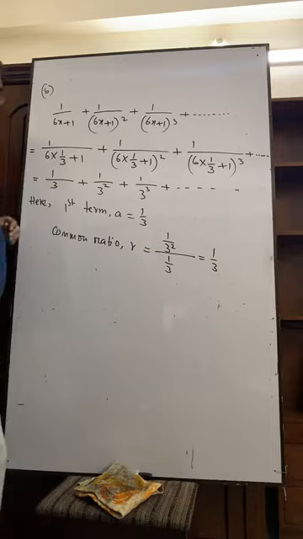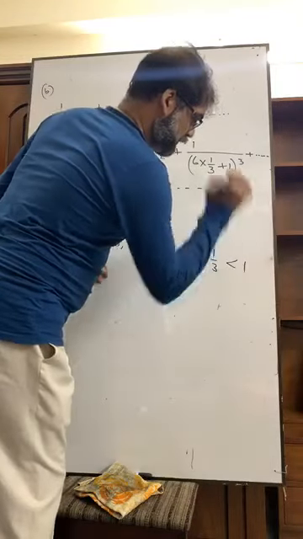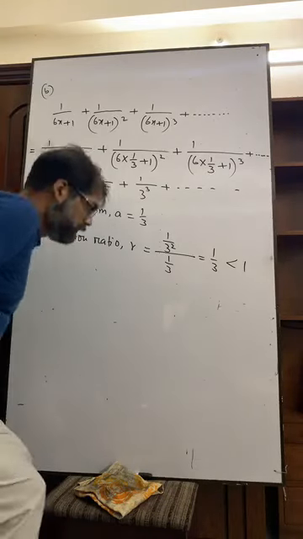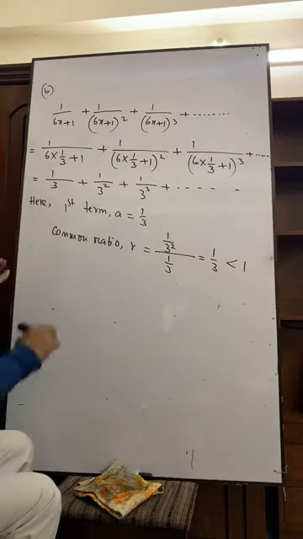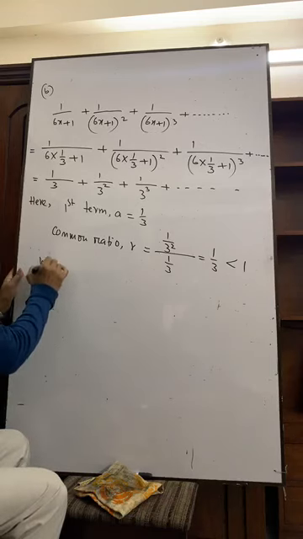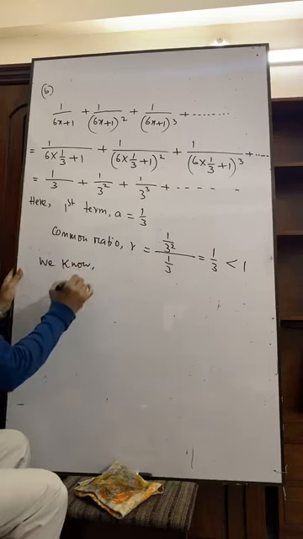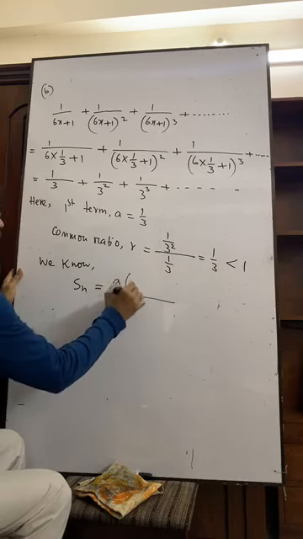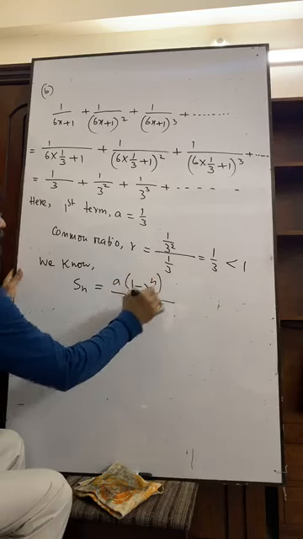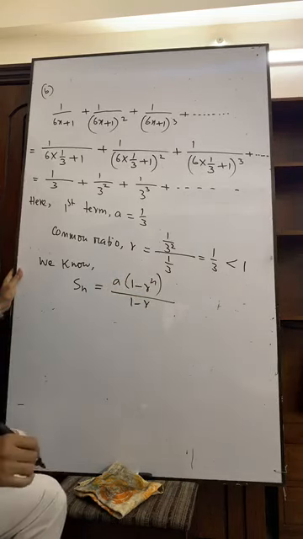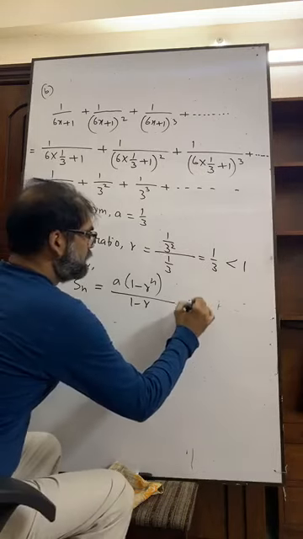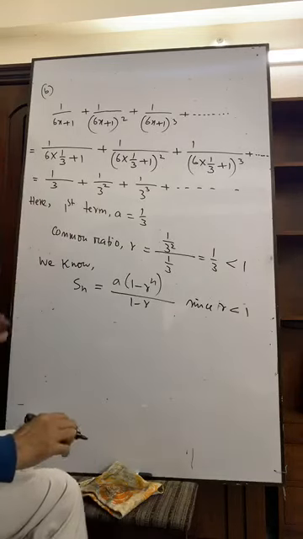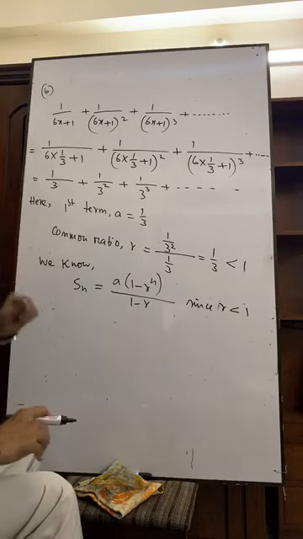And we know that 1 by 3 is less than 1. The formula, we know, Sn equal to A into 1 minus R to the power n by 1 minus R, since R is less than 1. For R greater than 1, we have another formula.